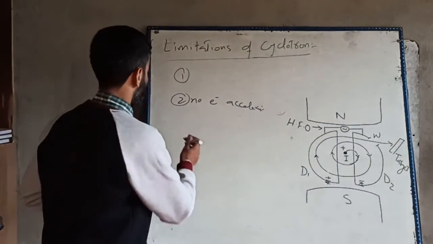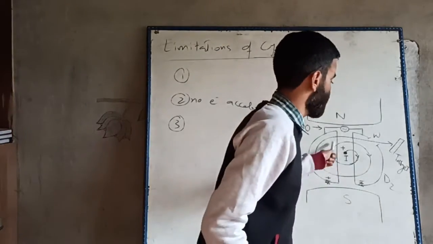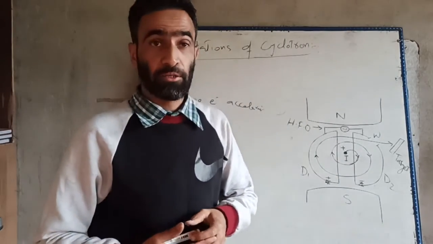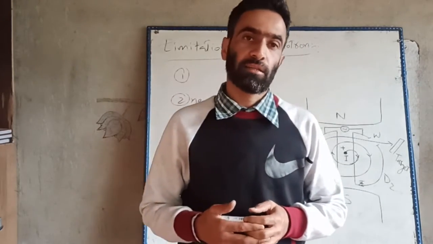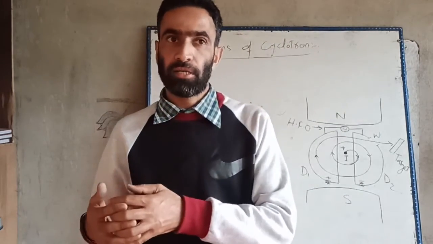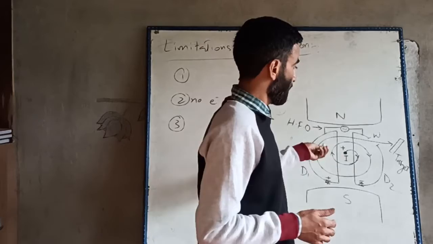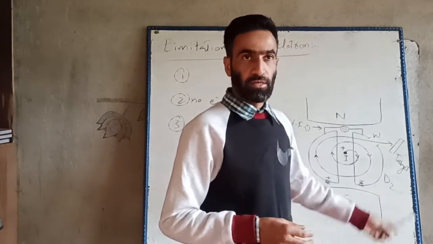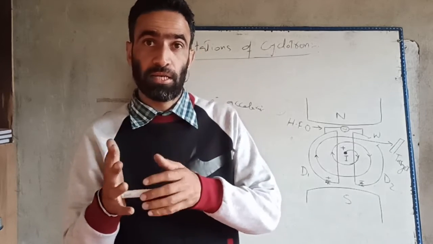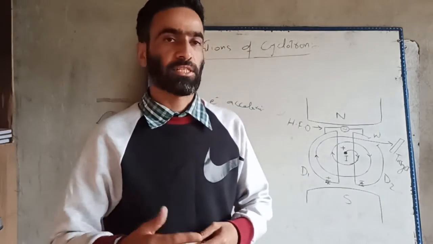And the third one is, if the particle gets such a speed that it is comparable to the speed of light, meaning it moves with very high speed, then the theory of relativity acts: with the speed of the particle comparable to the speed of light, there is an increase in mass. So when it reaches the speed of light, there is a relativistic increase in the mass of the charged particle, which again creates a problem in covering the given distance in the given time.